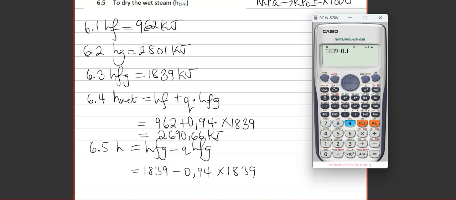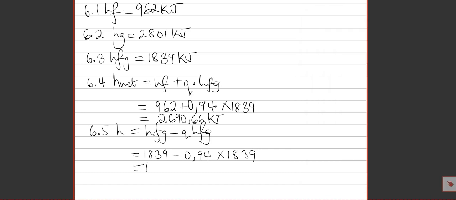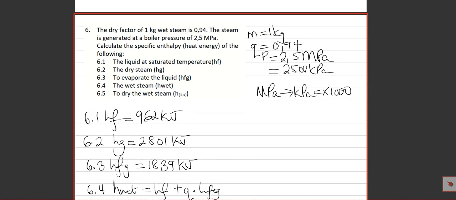So 1839 minus 0.94 times 1839 gives 110.34 kilojoules, and you would be done. The only reason why I jumped straight to this question is because of this 2.5 megapascal. So make sure you practice, and answer the rest of the questions from your handout.